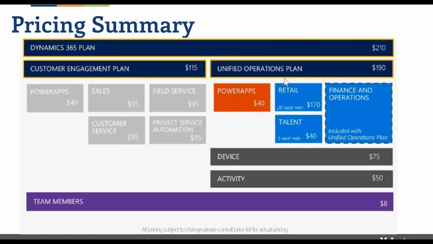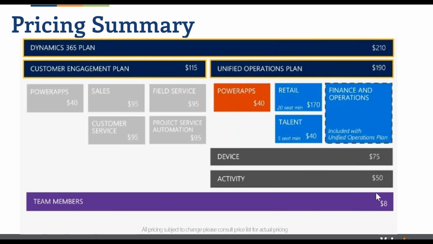Now, that license, the Unified Operations Plan license or the 365 Plan license, is what I would refer to as a full user. So those are going to be your accountants and people that are doing transactional and strategic activity in the system.